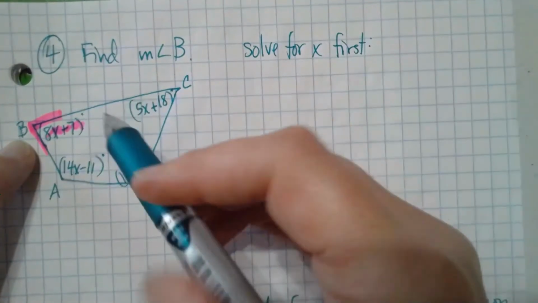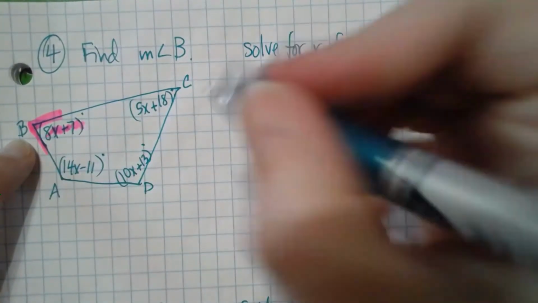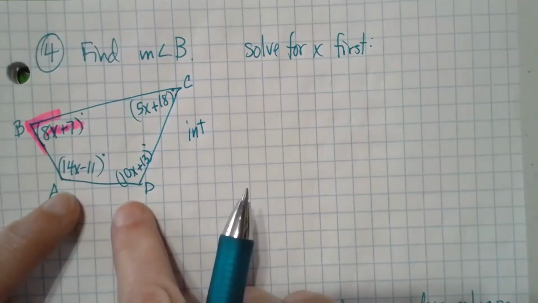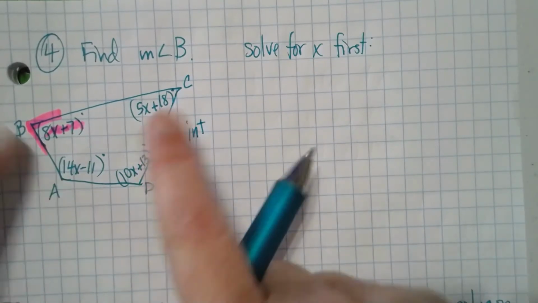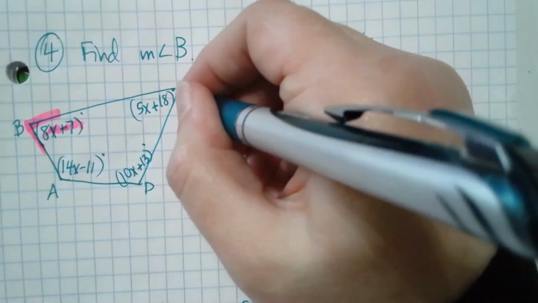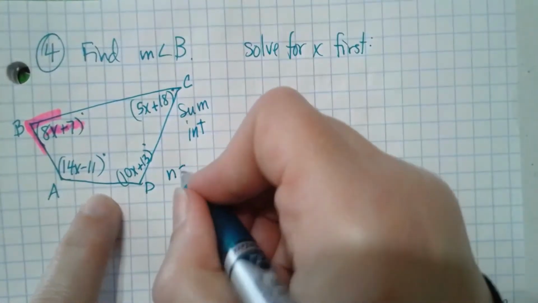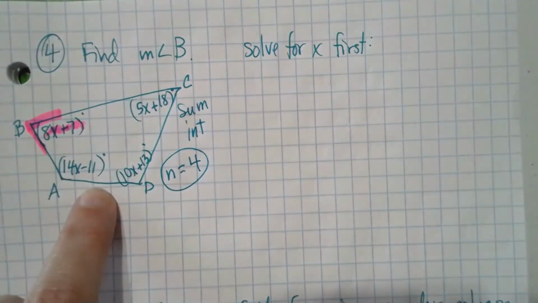Okay, so in this case, are these angles interior or exterior? Interior. Are we looking at angles where they are all exactly the same, or are these different sizes? These are different, so we're going to look at all of them together, sum. And how many sides do we have? The number of sides on our shape is 4 for this quadrilateral.